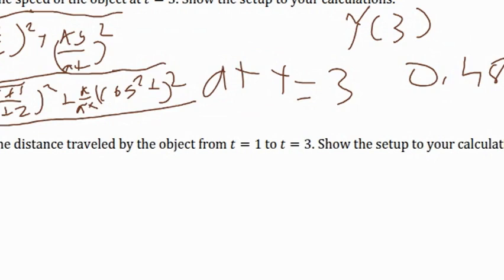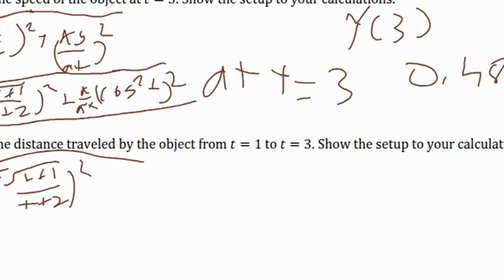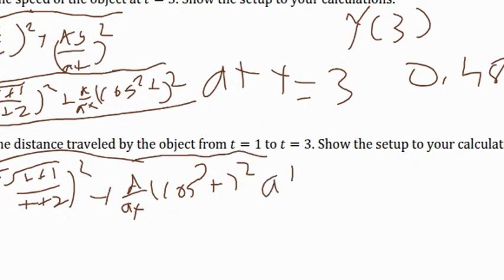So from 1 to 3, a big square root, then as before, square root of t plus 1 over t plus 2 squared plus d over dx cosine squared t squared dt, and that's pretty much all you have to do. Then you plug that into the calculator and you'll get 1.458.